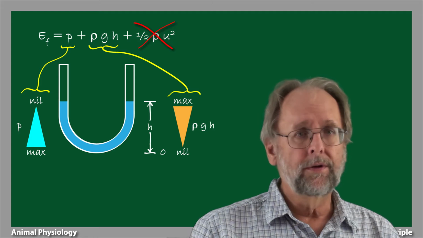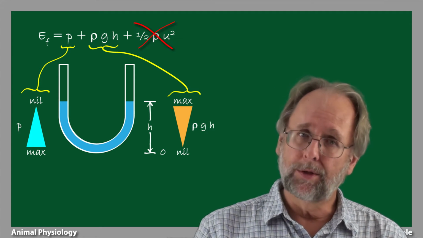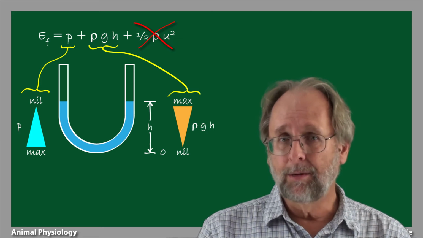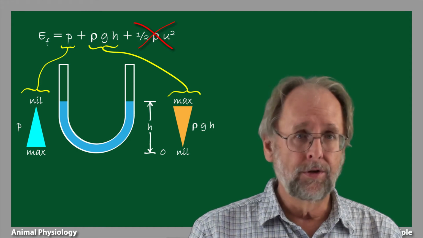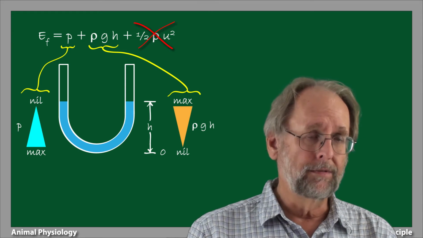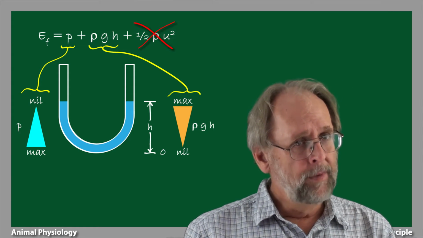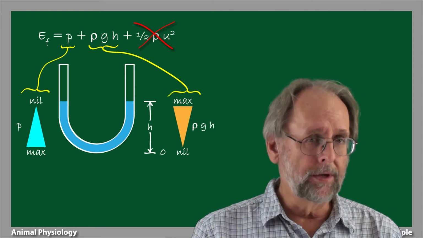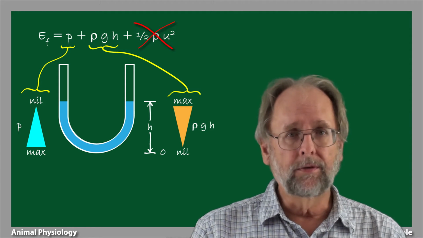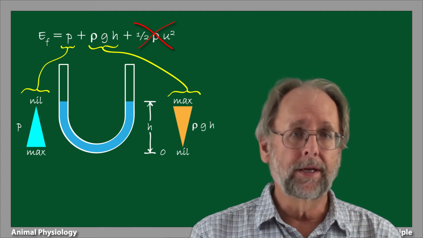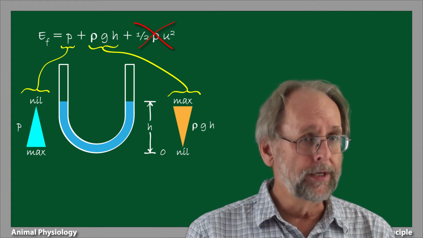In the example here, the hydrostatic pressure at the bottom of the tube is definitely higher than the hydrostatic pressure at the top of the liquid column, but there's no continuous flow from the bottom to the top. The fluid is still. I've made this digression mainly as a cautionary tale about vocabulary. We have to be careful when we speak about pressure because it's only one form of the energy that can be contained in a fluid.